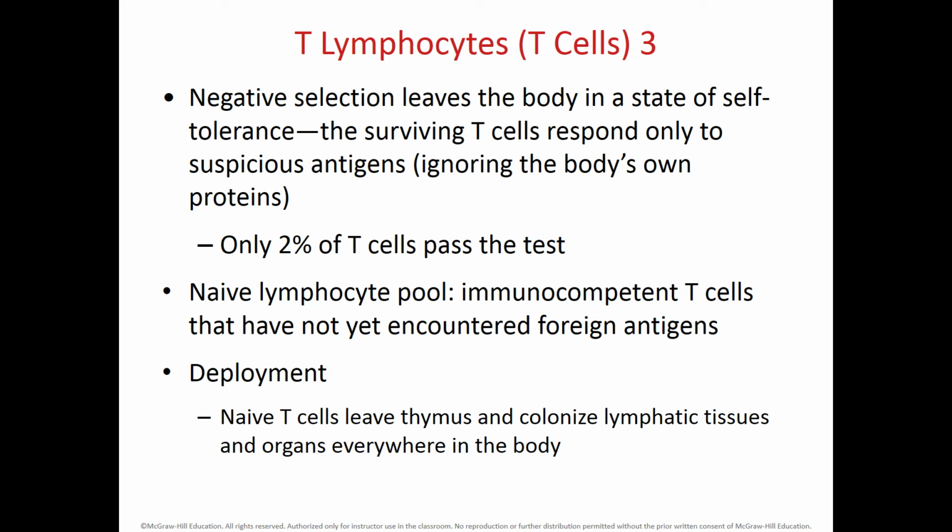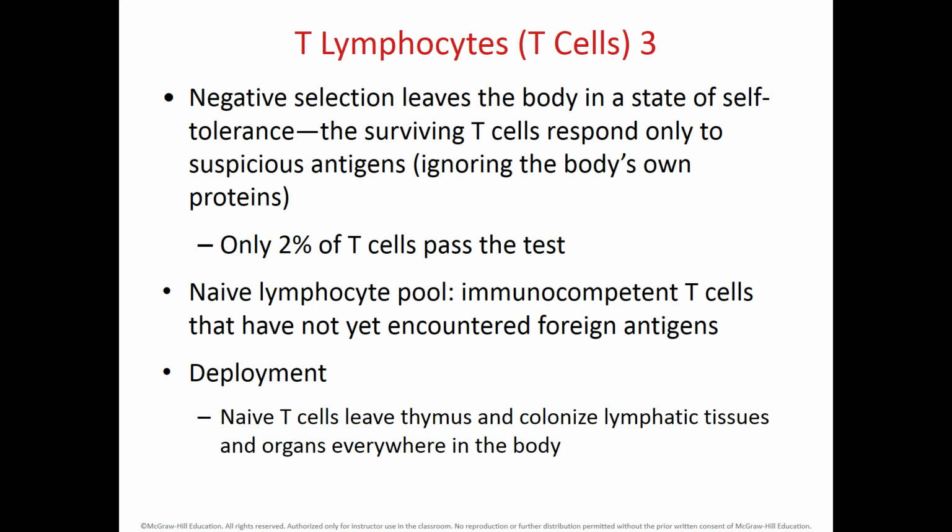So then, once these T lymphocytes are trained, you will have a naive lymphocyte pool in which your T cells have not yet encountered foreign antigens. And when you have the deployment, your naive T cells will leave the thymus and will colonize the lymphatic tissues and organs everywhere in the body.